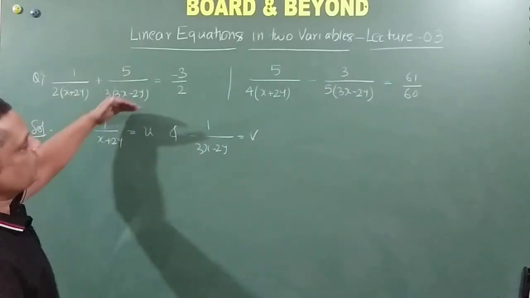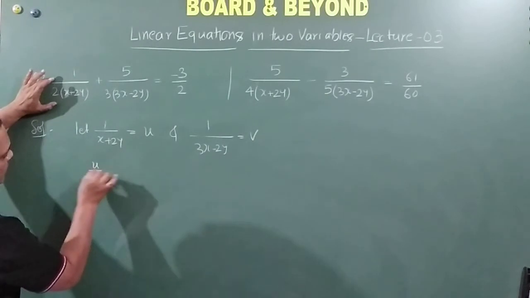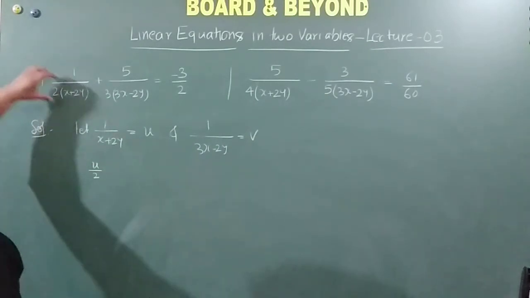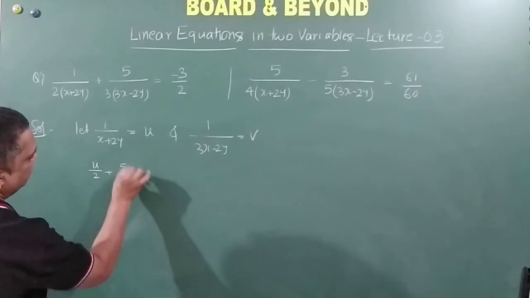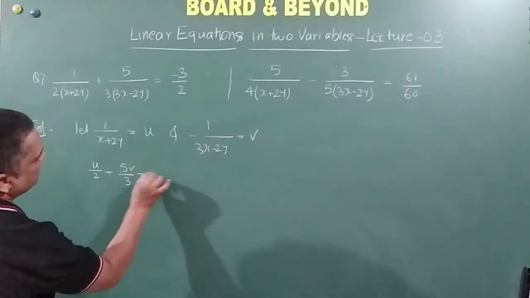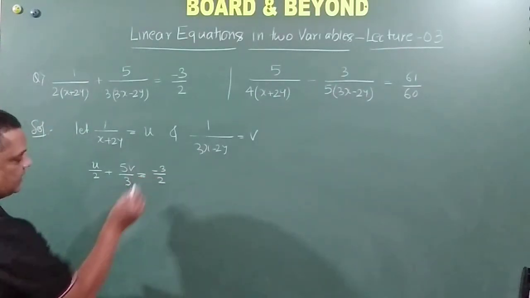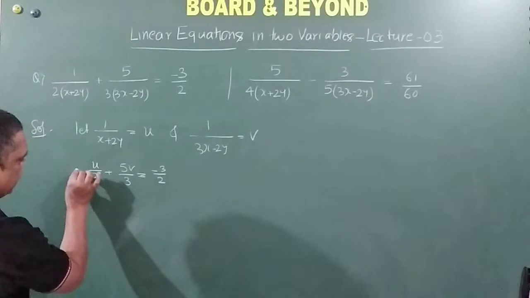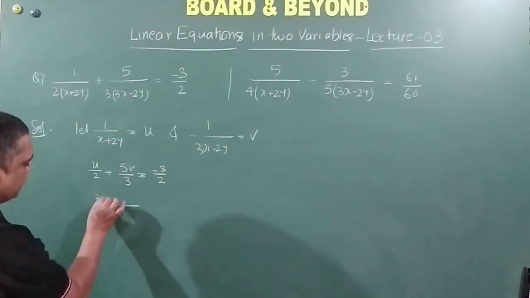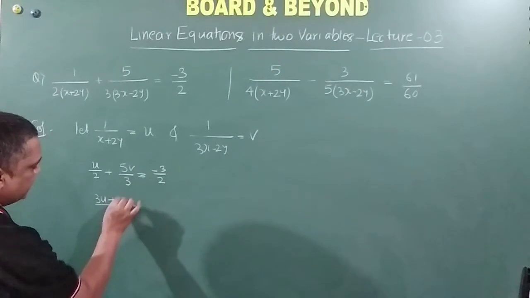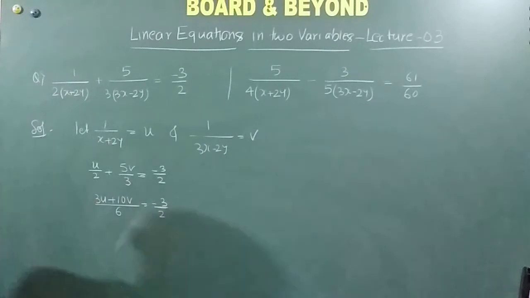So our first equation changes to what, my friends? This becomes u by 2, that is half u, plus 5v by 3 is equal to minus 3 by 2, right? And we will try to formulate the linear equation here. So I'll take LCM. LCM is 6. So this becomes 3u plus 10v is equal to minus 3 by 2, right?